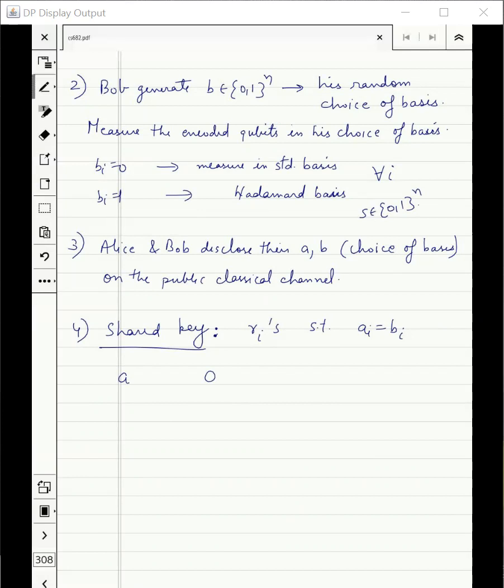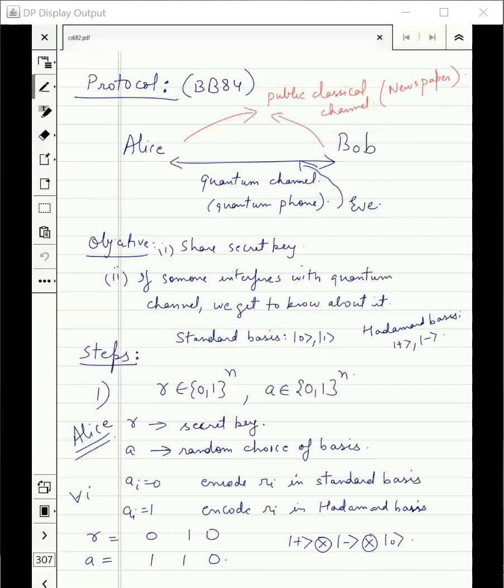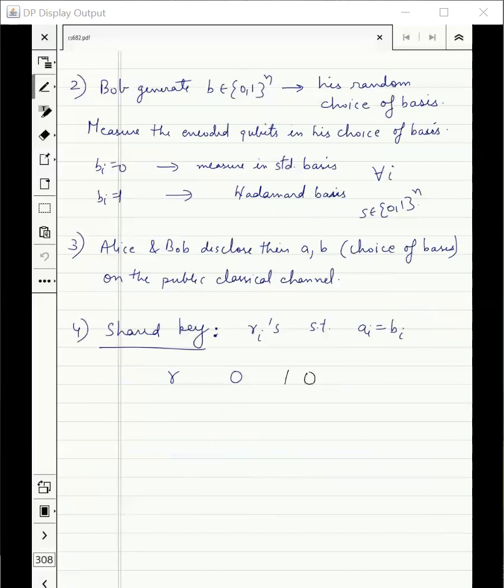We will continue our example. Remember, R was 010, A was 110, then the state sent was plus tensor minus tensor 0.